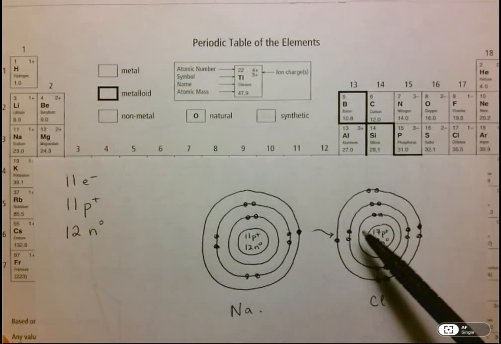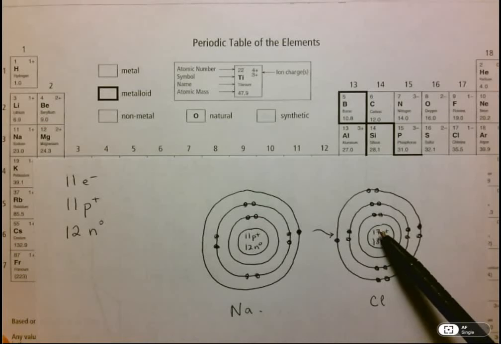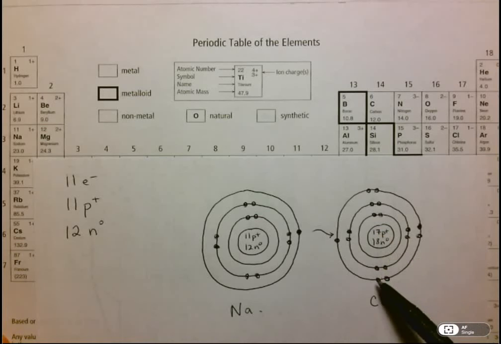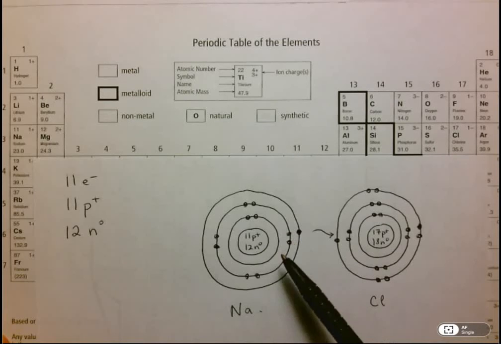But if it gains an electron, that means it has one more electron than it does proton, so it'll form a negatively charged ion. And if sodium loses an electron, it'll have one less electron than proton, so it'll be a positively charged ion.